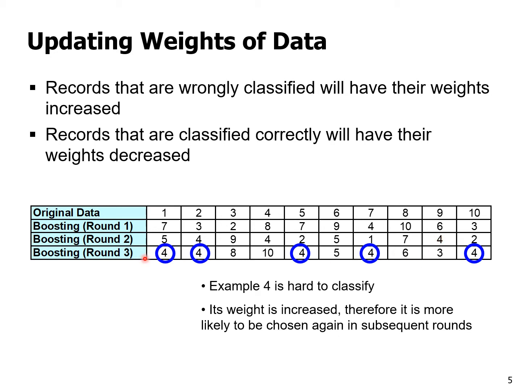So next round we have more of data 4. That's how we update the weight values of data. As I said, the records that are misclassified will have their weights increased, and on the other hand, if records are correctly classified, then they will have their weights decreased. That's how we update the weight of data.